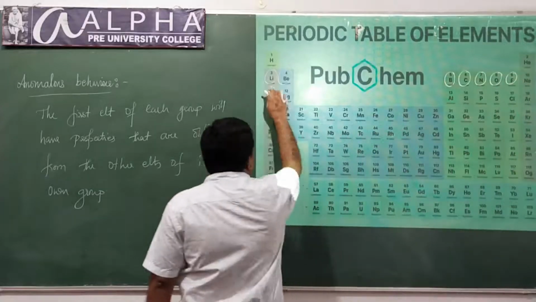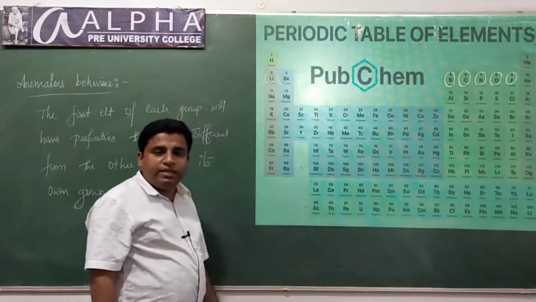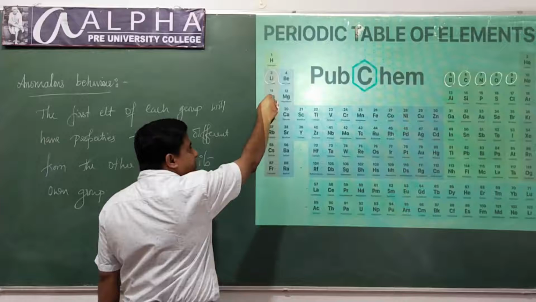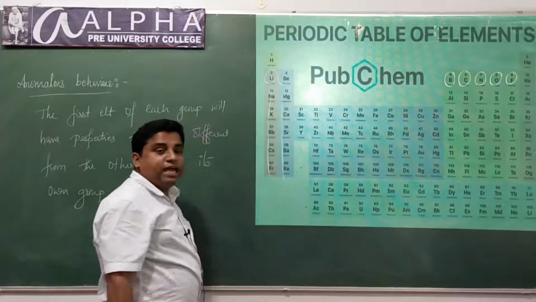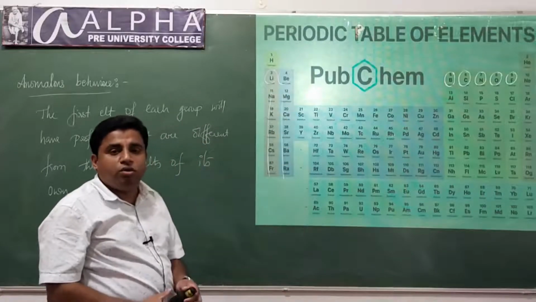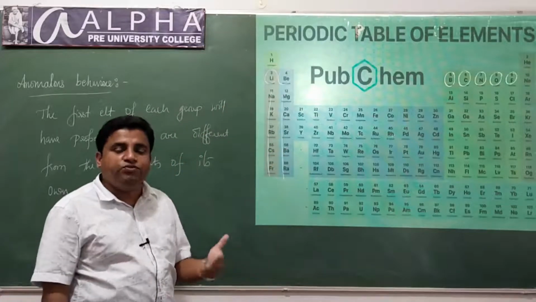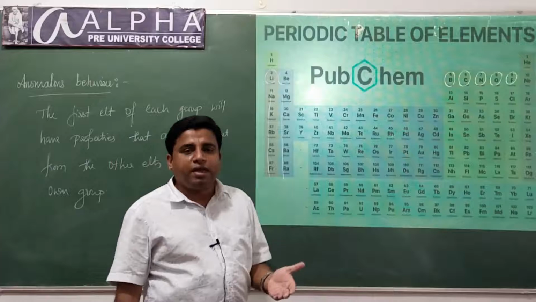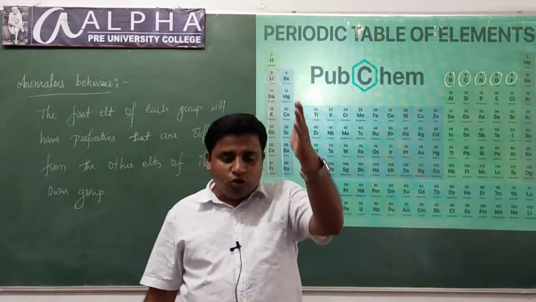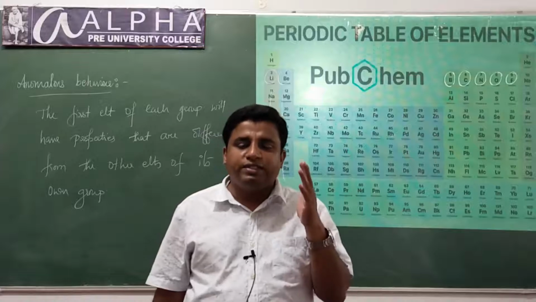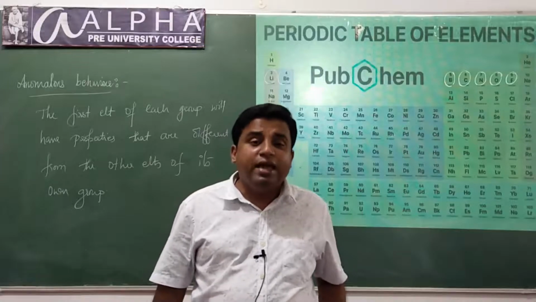See, these first elements have properties which are different from the other elements of the same group. We know elements belonging to the same group should have same physical properties as well as same chemical properties.